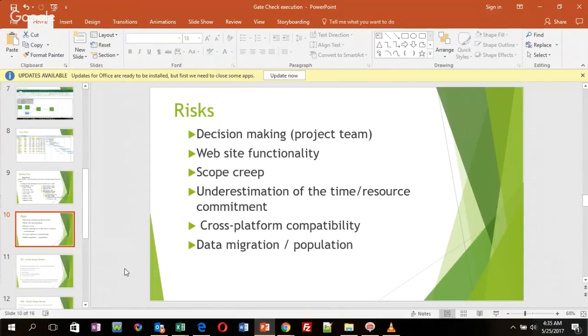The website functionality, technically anything could have gone wrong, but we didn't face any such challenge. For the scope creep, there was no challenge either. Our only challenge was under the resources commitment, and in terms of money. For the time, we made use of it and we were able to complete the project on time.